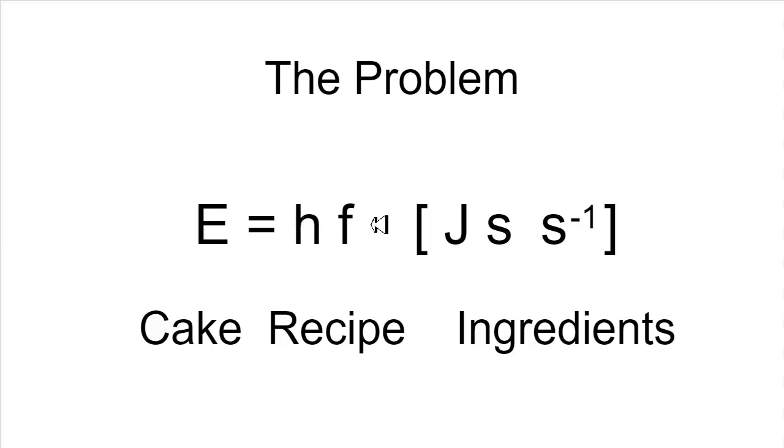This is the recipe to make the cake. Okay, and these, the unit section, these are the ingredients that we are going to use to follow the recipe to make the cake. Okay, the recipe is not the cake, and the ingredients are not the recipe or the cake. We want to make a cake, we have a recipe, and these are the ingredients.